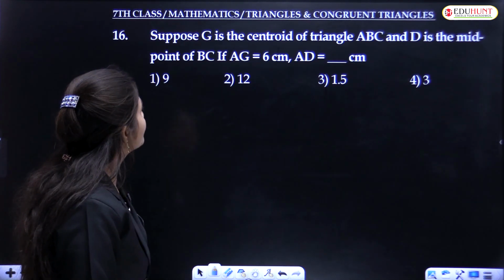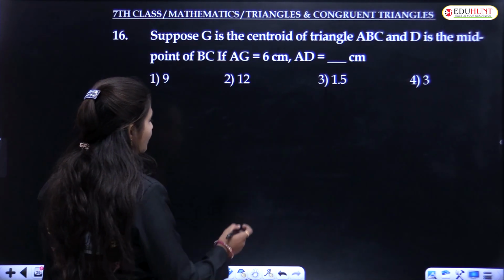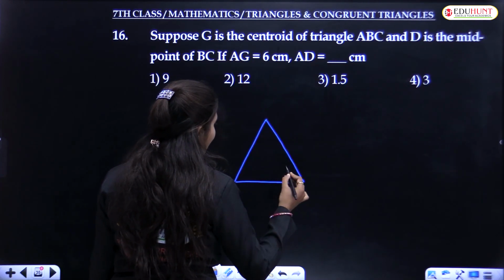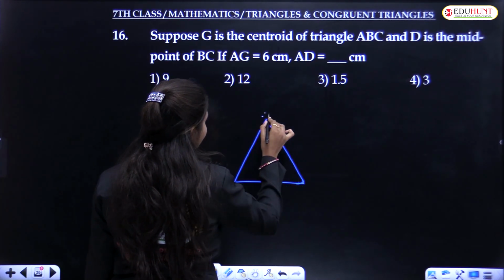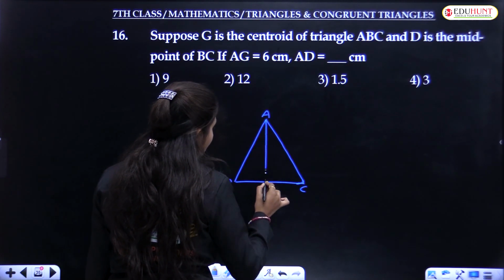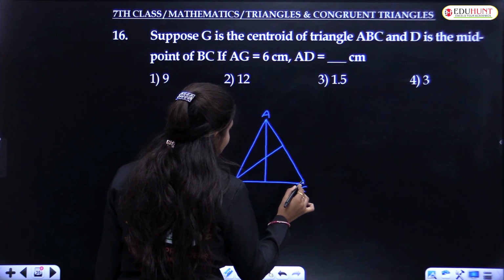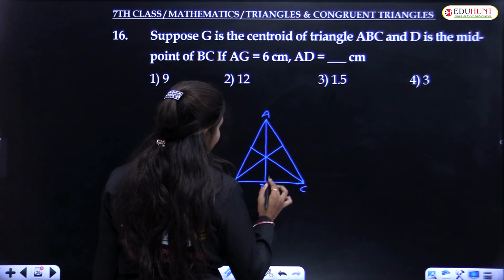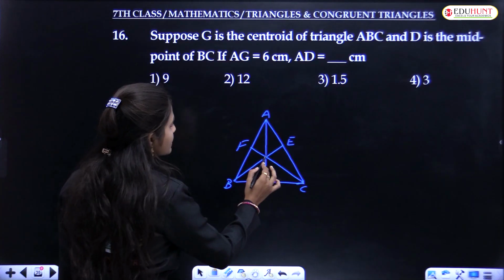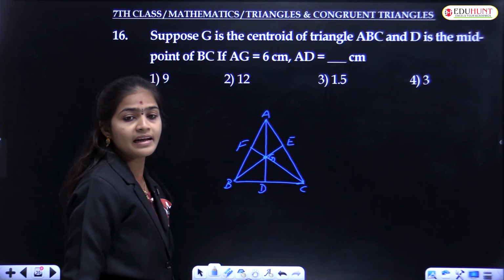Suppose G is the centroid, again the same kind of question. Take the triangle as ABC, and G is the centroid, which means just draw the medians. Here G is the centroid, no?